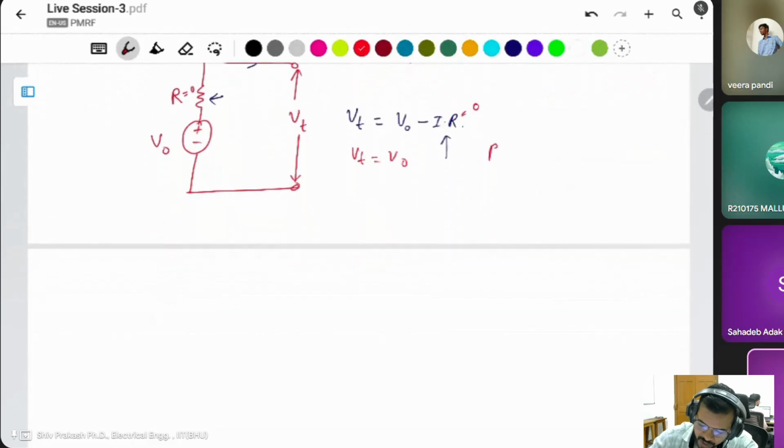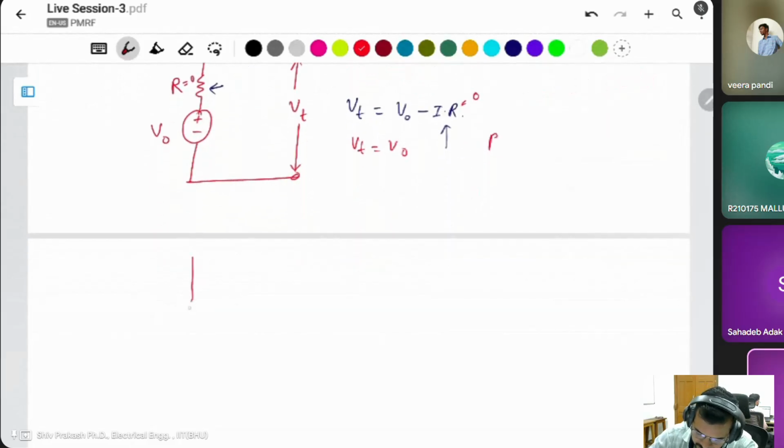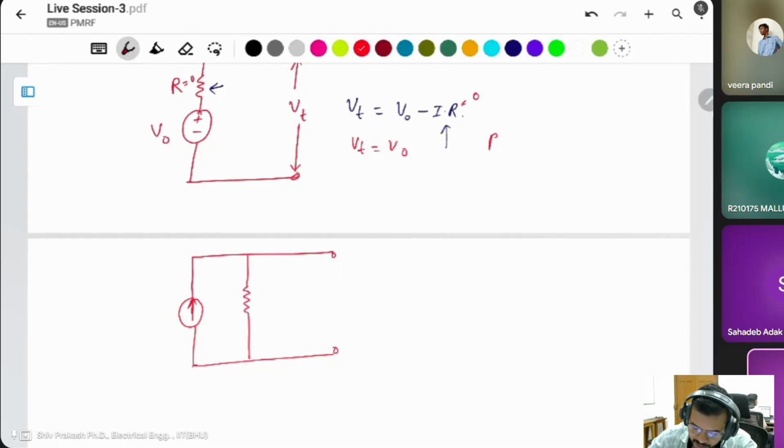Same thing if you have a current source, with a terminal, then there is a resistor which will drop some amount of current.